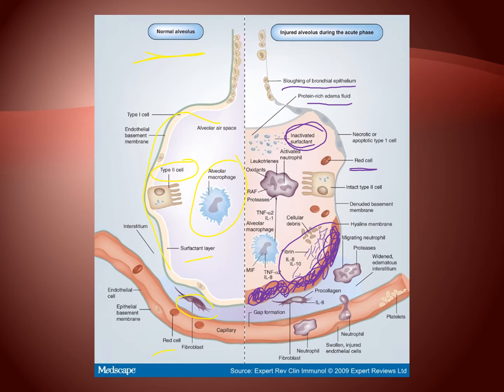And ultimately, if this injury continues to go on, we can form hyaline membrane, right? The scar tissue. And scar tissue is not flexible, and it's not easy to diffuse gas through scar tissue. Scar tissue is very, very thick, and it's very hard to diffuse gases through it.